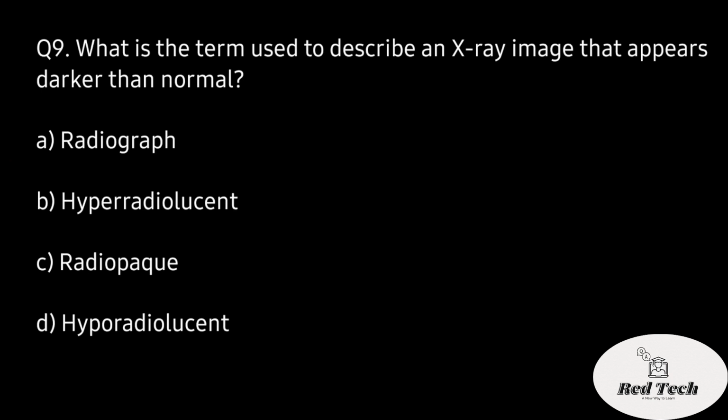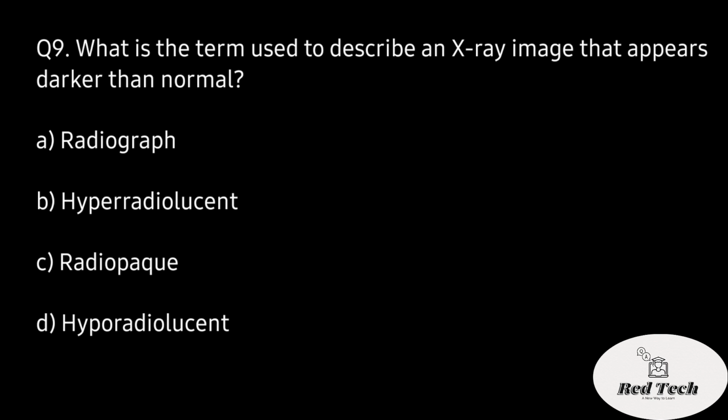Question number 9. What is the term used to describe an X-ray image that appears darker than normal? So if we have an X-ray image but it looks darker than normal, what do we call it in medical terms? Option A is radiograph, option B hyper radiolucent, option C radio opaque, and option D hyper radiolucent.